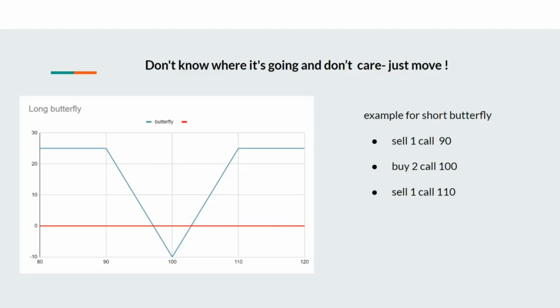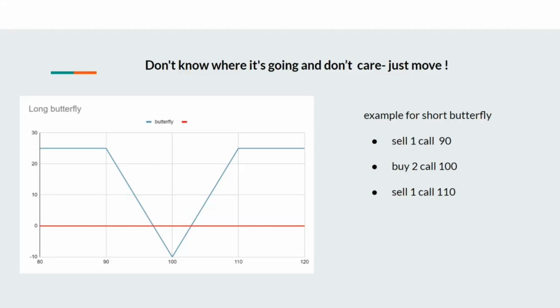So if we do this strategy, we're going to see this kind of butterfly graph. As you can see, there is a very bad point in the market: if it stays here, at the current position at 100, we're going to suffer a loss.